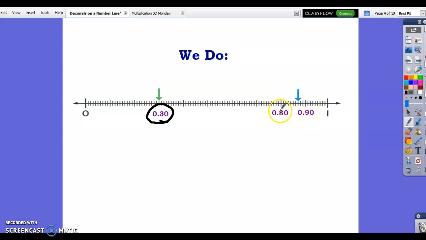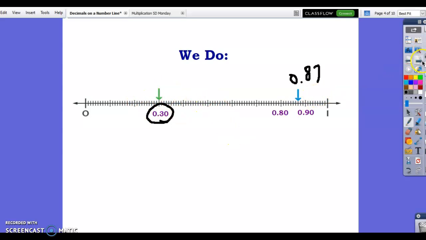So if I count from 80 and I count 81, 82, 83, 84, 85, 86, 87, I can plot this as being 87 hundredths. So that would be how you could do it through the hundredths. It's the exact same number line, we just divided it even more.